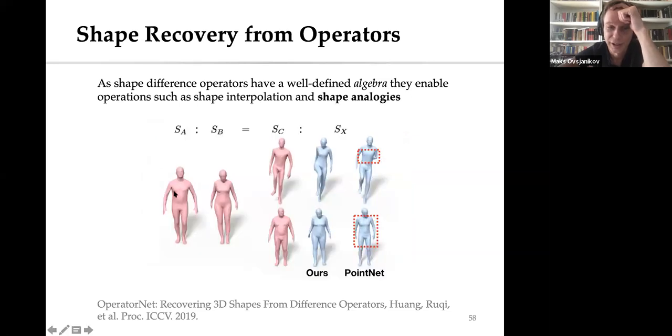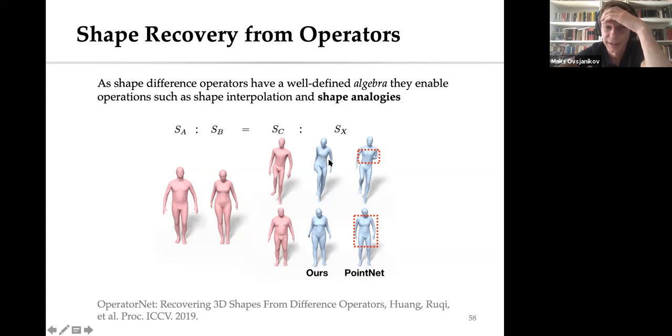Shape analogy is, given a shape A, a shape B and another shape C, find a new shape X such that the difference between C and X is the same as the difference between A and B. Once again, in the learning community, this is typically done through additive algebra in the latent space. But again, I don't think there's a very strong reason why that makes sense geometrically, so you can often get lots of distortion.